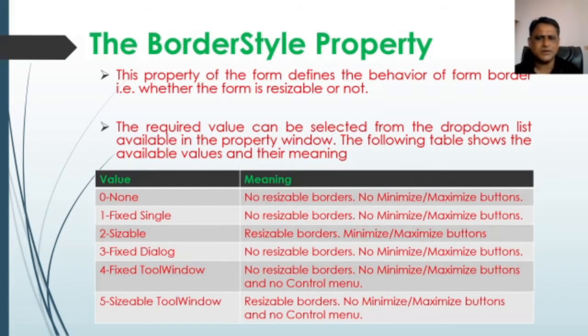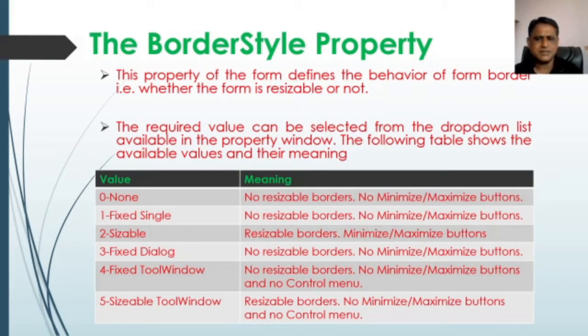If you set it to 1 fixed single, the form will not be resizable, and the minimize and maximize buttons are not available. Then 2 sizable: in this option the form will be resizable, and it will also have the minimize and maximize buttons.